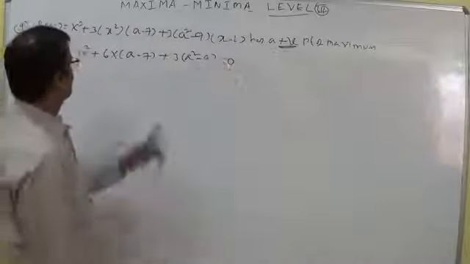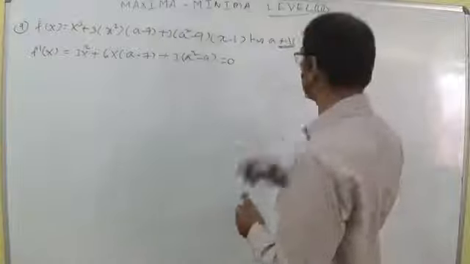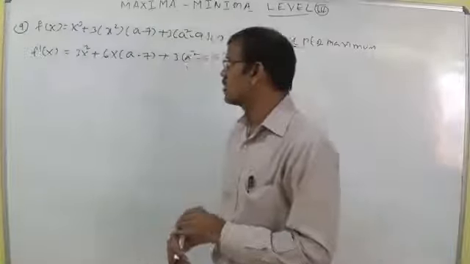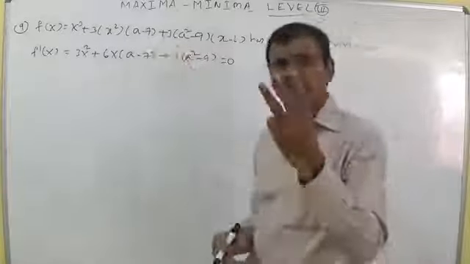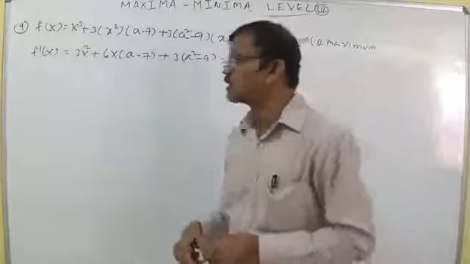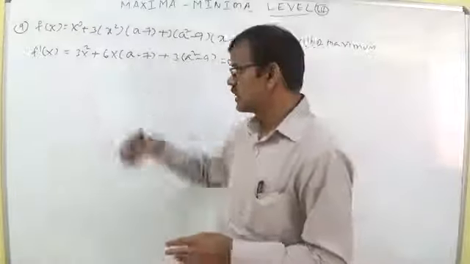Whenever the cubic polynomial has a positive point of maximum, we can understand that the cubic polynomial has 3 roots. If you calculate f dash x, it becomes a quadratic equation, a second degree polynomial.